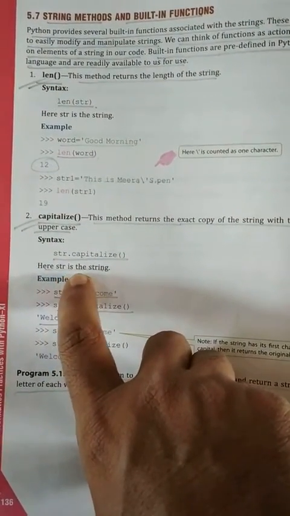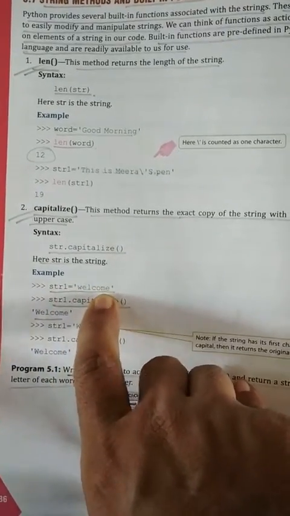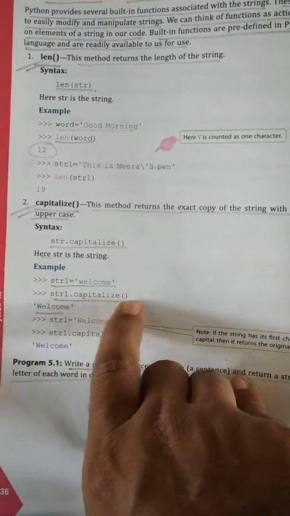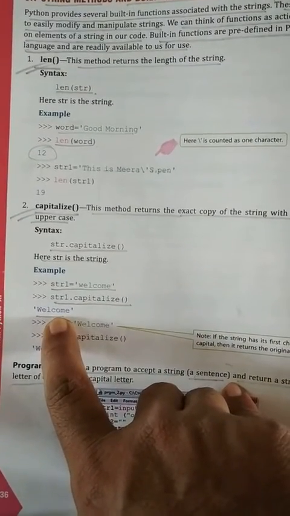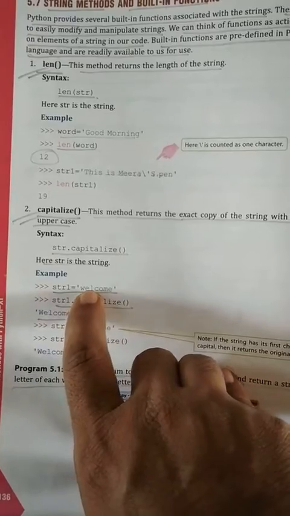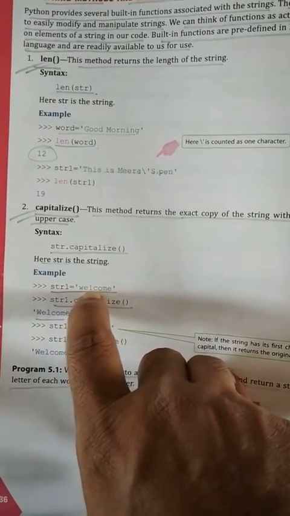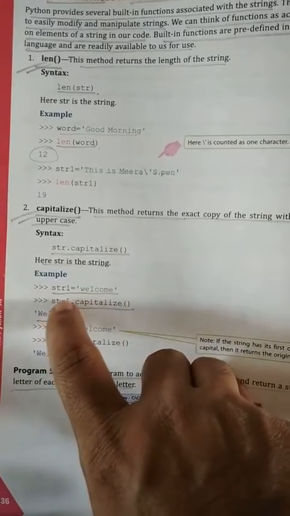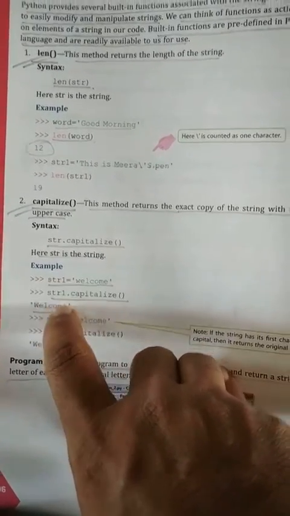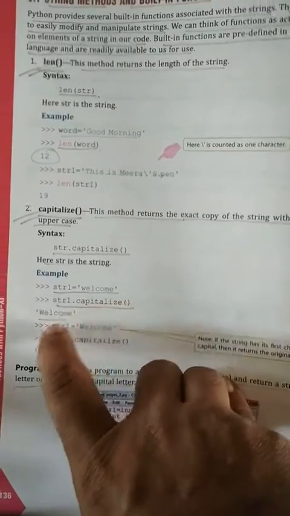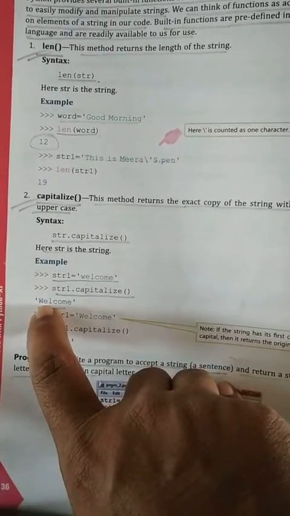Here str is the string. Example, str1 equals welcome. str1.capitalize() gives Welcome. See, welcome was written in small case, all the characters were in small case. But when we use this capitalize function on str1, then the first character W is capitalized. This is the output you are going to have.